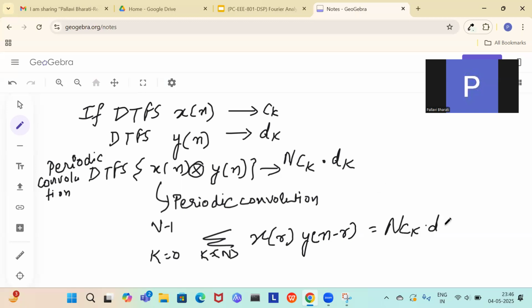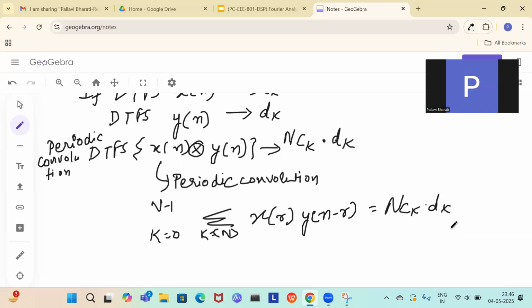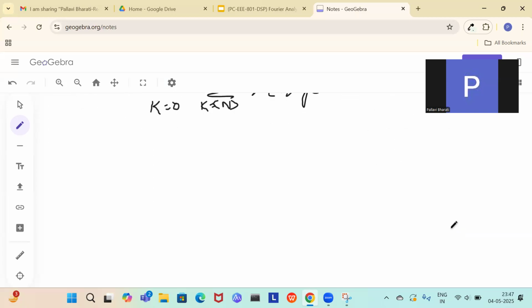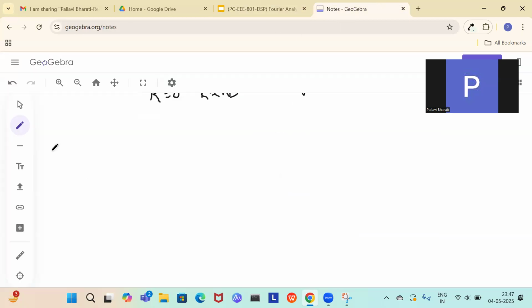Now let us see the question given over here. The question given is that x1[n] is equal to 1, 2, 3, 4, and x2[n] is equal to 1, 1, 1, 1.